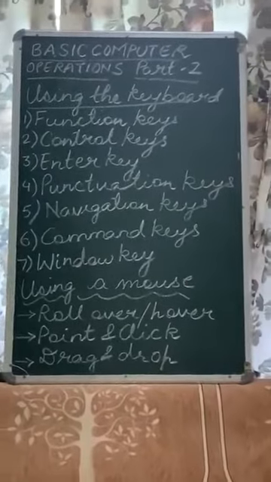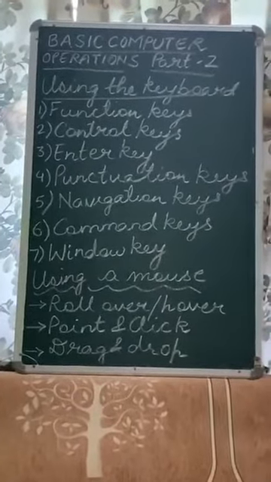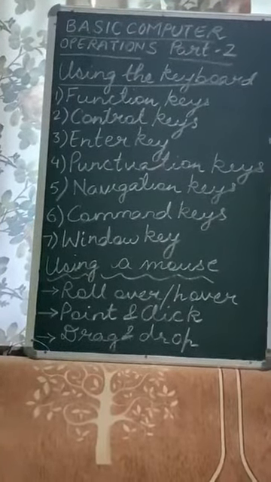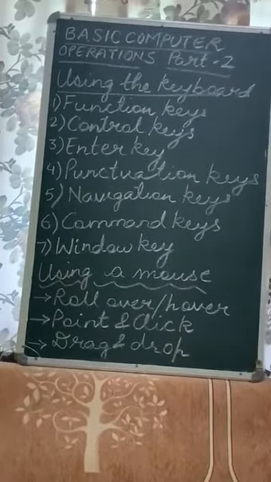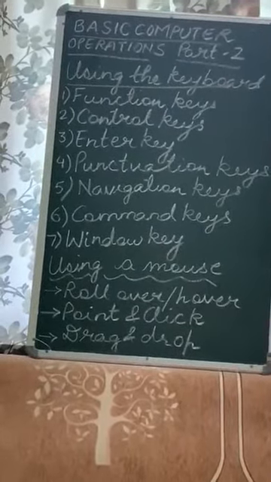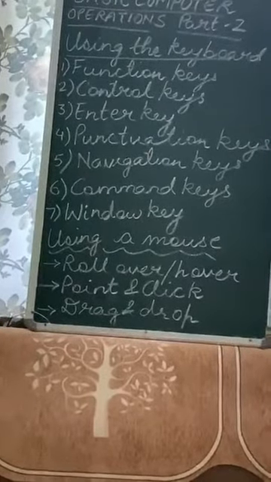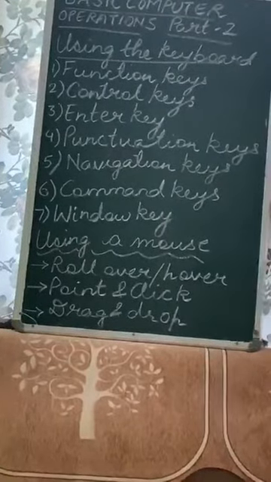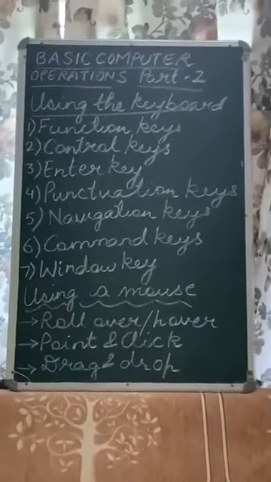Then the spacebar is also a control key that helps us make a space between two words. Caps lock turns your alphabets into capital letters, and tab is used to make space. Similarly, these basic control keys perform specific functions.